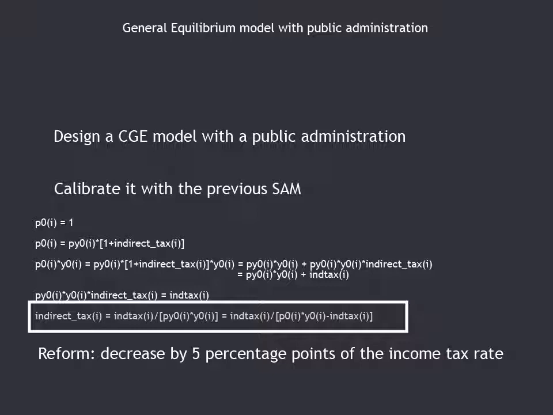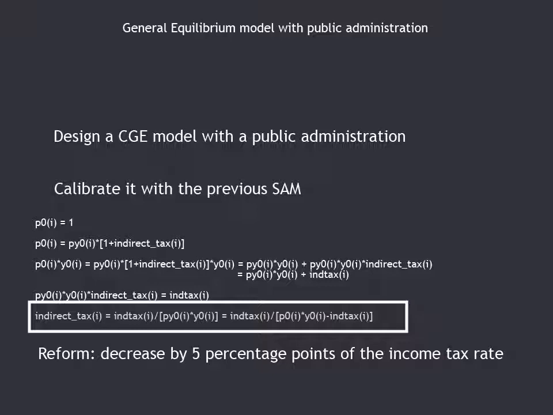So what you can do is write that the last item is equal to IND-TAX in sector I over P0 in sector I times Y0 in sector I minus IND-TAX in sector I.